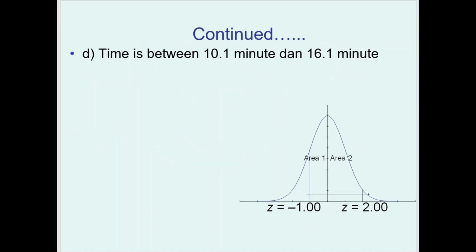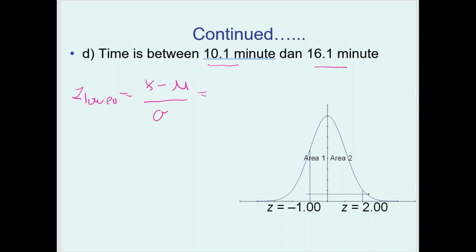Okay, for the last question here, the same kind, in between 10.1 and 16.1 minutes. So you can try to start off and calculate. Same as just now, z lower equals what? We need to start with x, right? X minus mu divided by standard deviation.